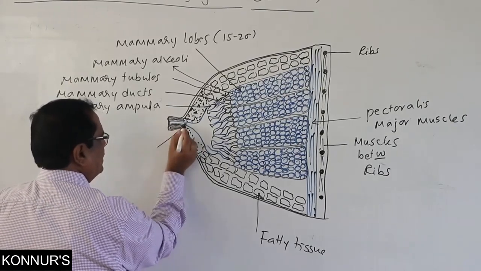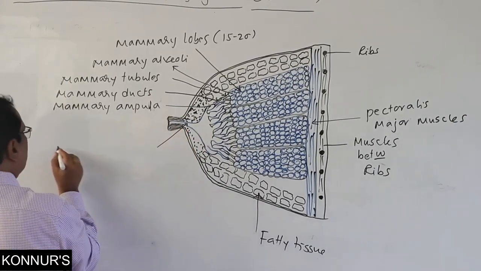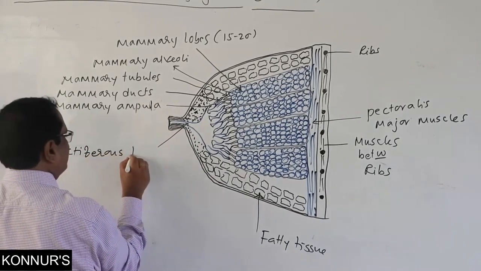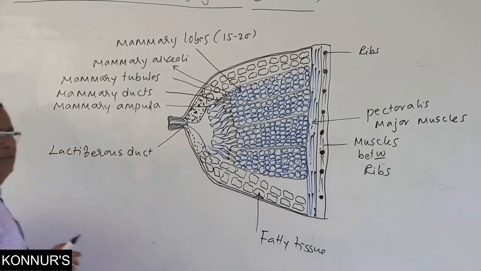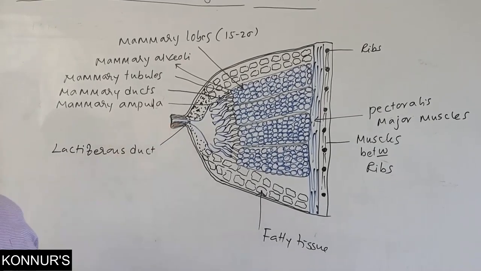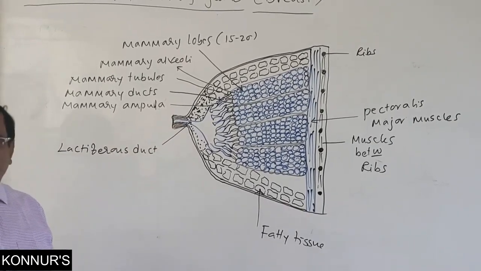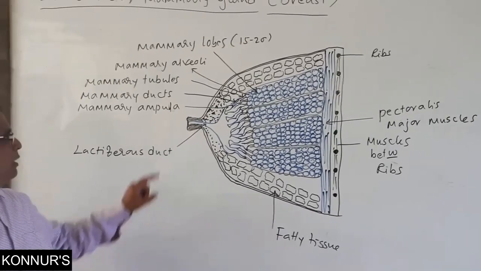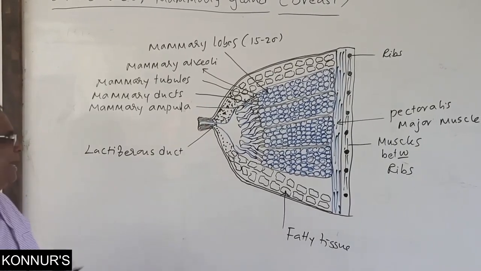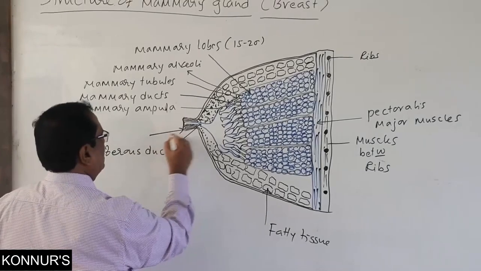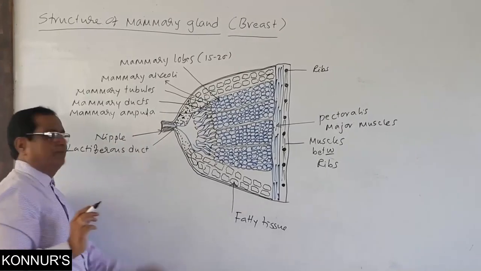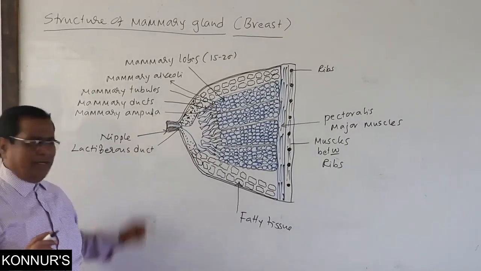This common duct is named the lactiferous duct. Through this lactiferous duct only, milk is sucked. And this lactiferous duct opens at the tip of the nipple, through which milk is sucked.